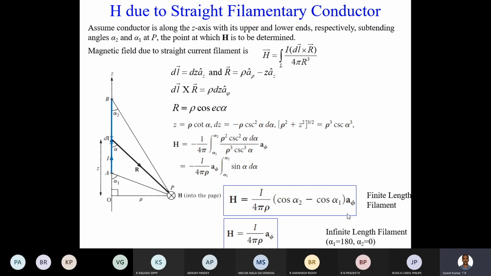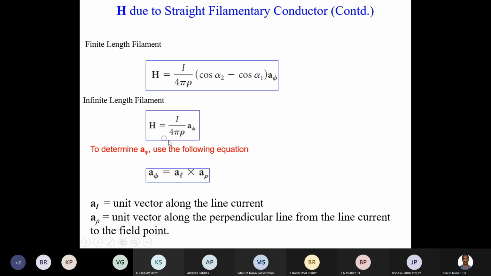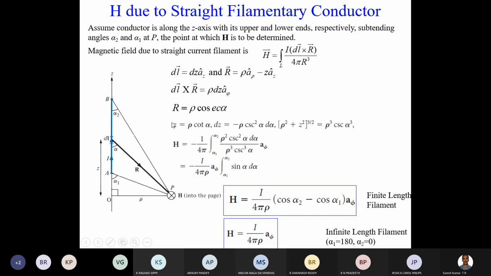And alpha 1 and alpha 2, how are they measured? Look at this picture. Without understanding this, you can't solve any problem. Alpha 1 is the lower angle, representing the lower edge of the wire.